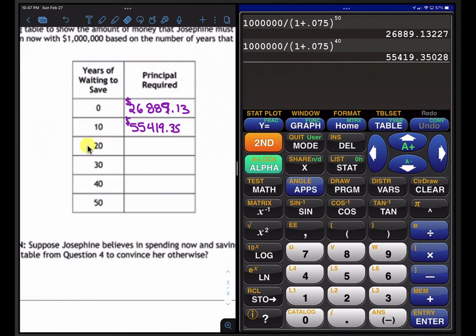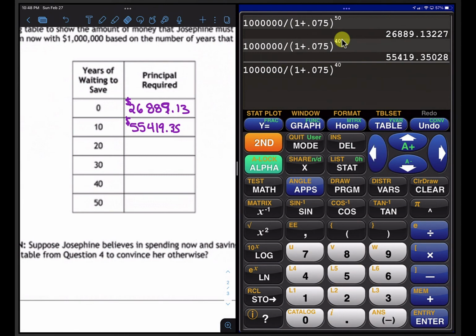Now suppose she waits 20 years from now to start investing. That means she would only have 30 years left to make the 50. So she would have 30 years left, so we would need to change the exponent over here in our calculator to 30. So let's do that.